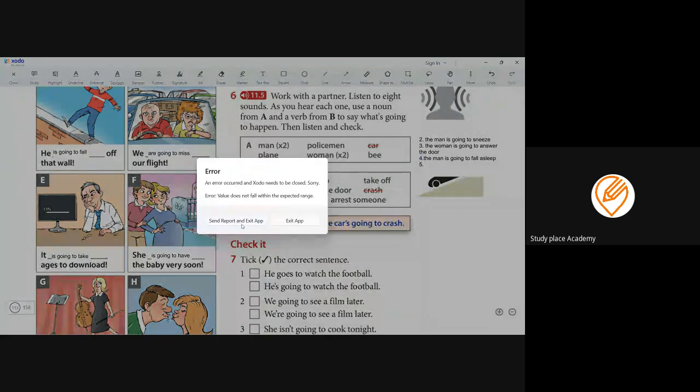So I have to exit the app and then go back again to it. Okay, just a minute. I will open it again.